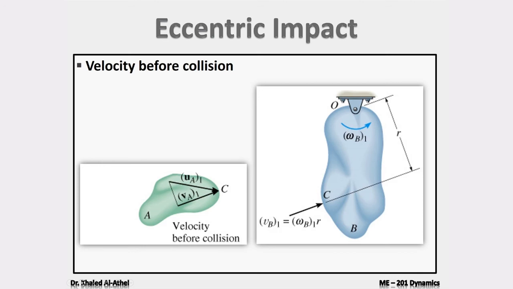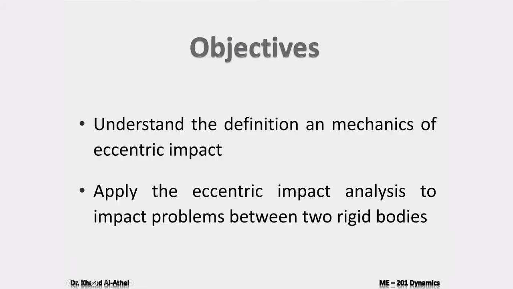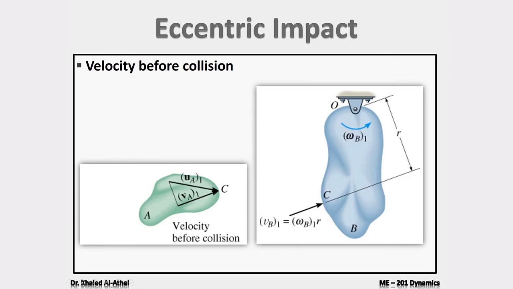Now, in eccentric impact, usually the line connecting the centers of mass is not the same as the line of impact. So, for example, if I have two objects like these, originally my first object was like this, and the second object was like this.